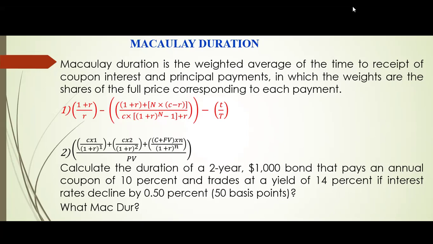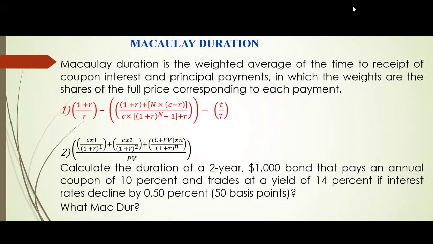N here resembles the time, or the years or the duration. C is for coupon. And t here is the fraction of time. It may be daily, weekly, semi-annually or monthly and so on.